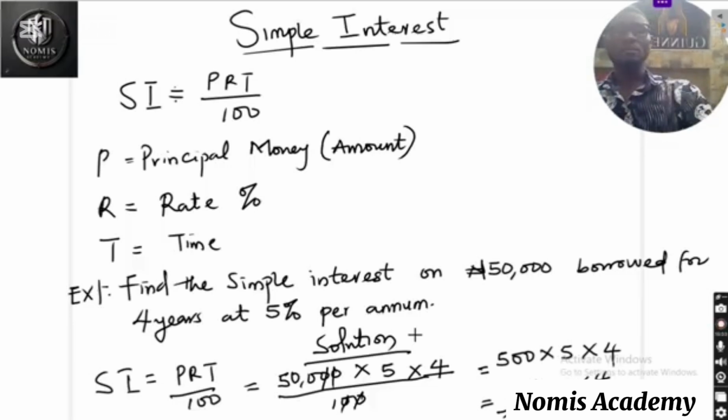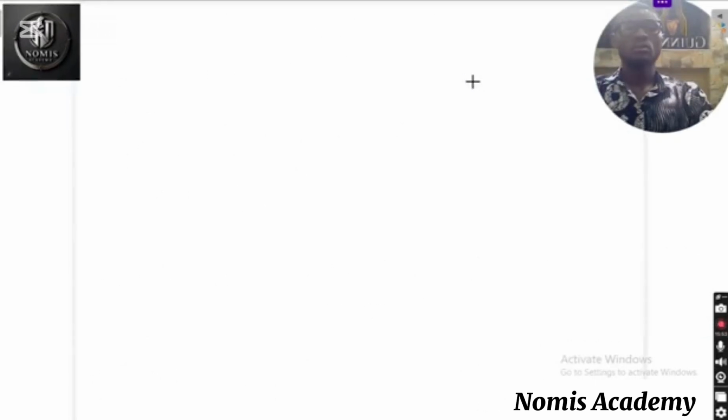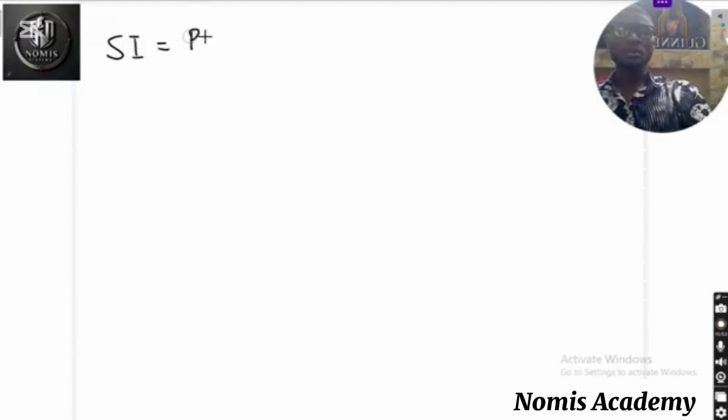Now, if you can remember, simple interest is equal to PRT over 100.